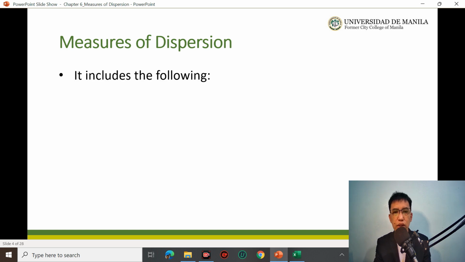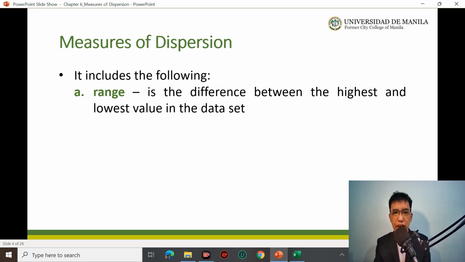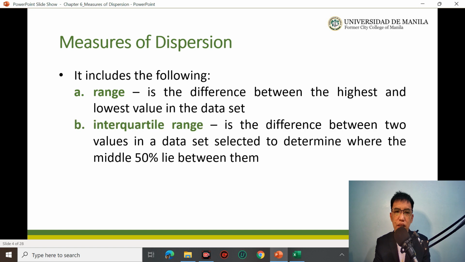It includes the following: the range, which has been discussed in the previous videos. It is the difference between the highest and lowest value in the data set. Letter B is the interquartile range. It is the difference between the two values in the data set selected to determine where the middle 50% lie between them.